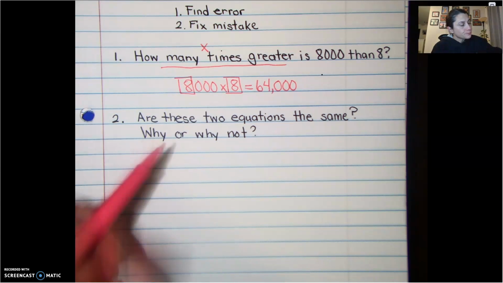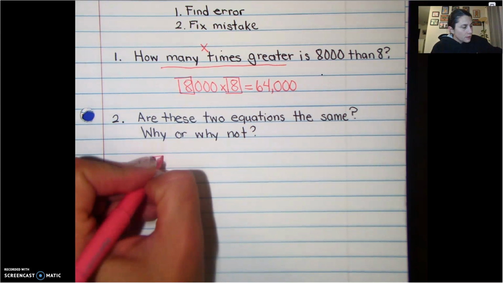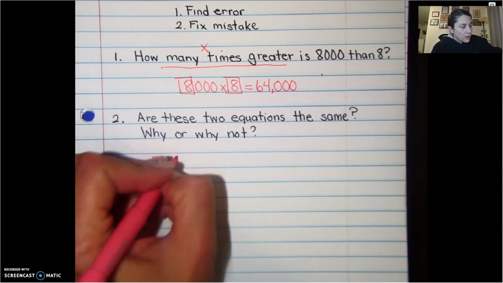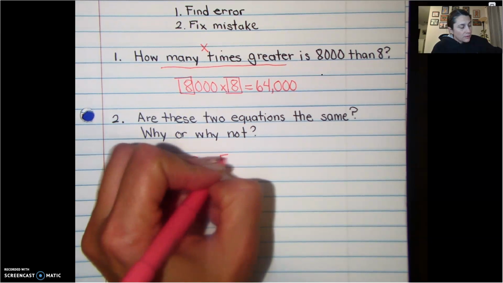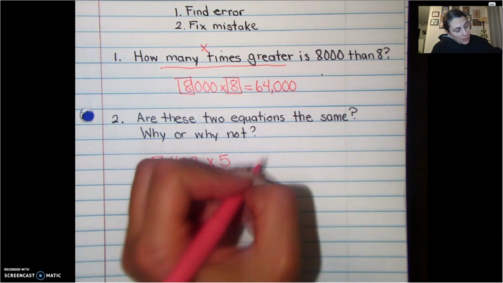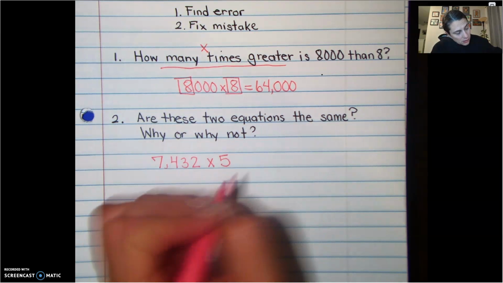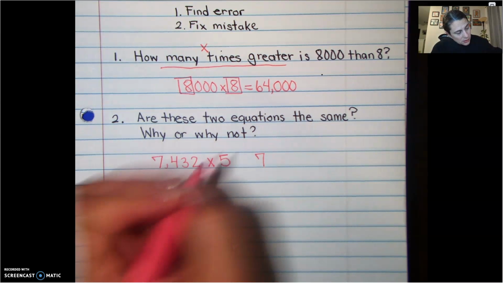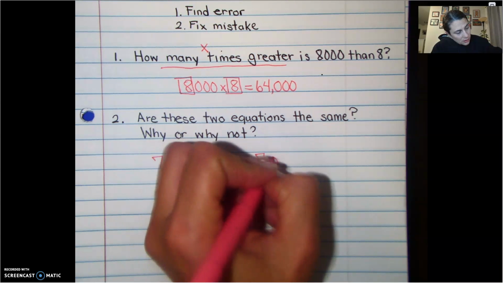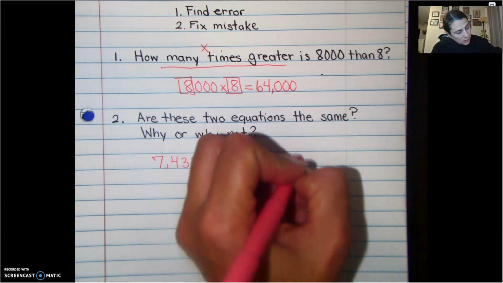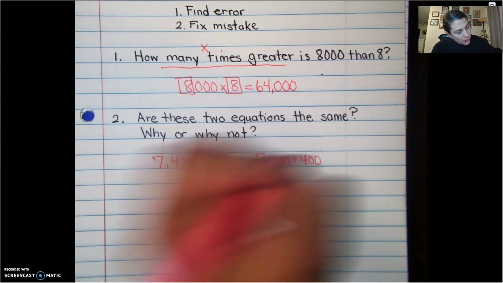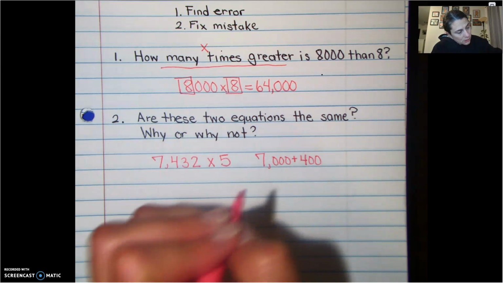Okay. 7,432 times 5. Is it the same as 7,000 plus 4,000?